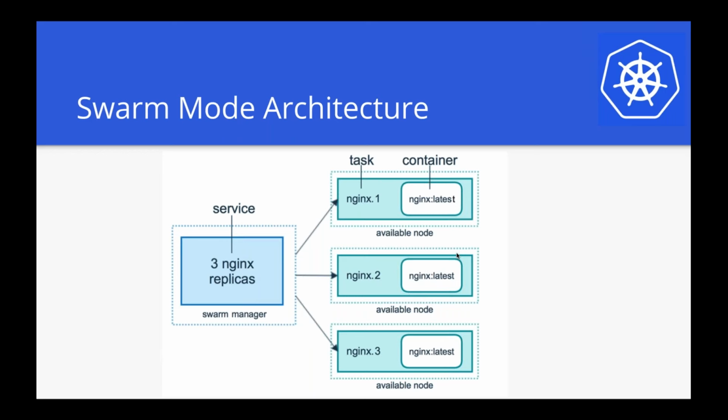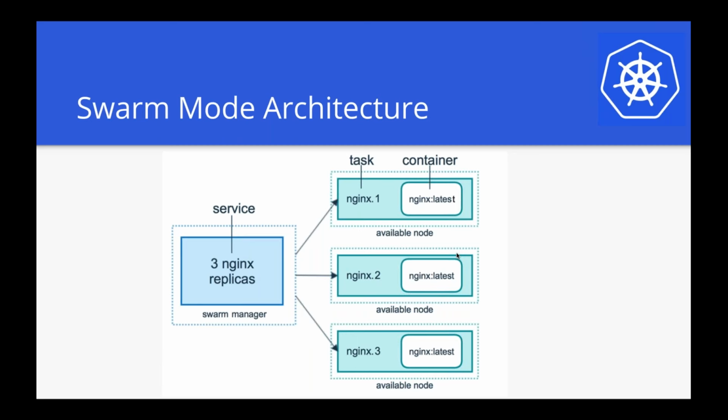So you define the service and you submit that to the Swarm manager, and the Swarm manager would negotiate with the available nodes, and depending on your requirement and the affinity or anti-affinity rules, it goes ahead and schedules each of the tasks in the available nodes.